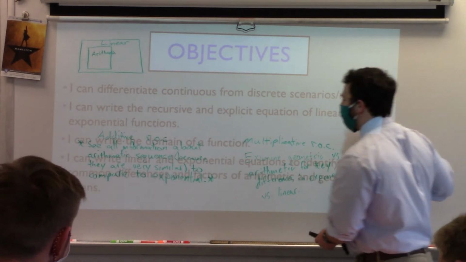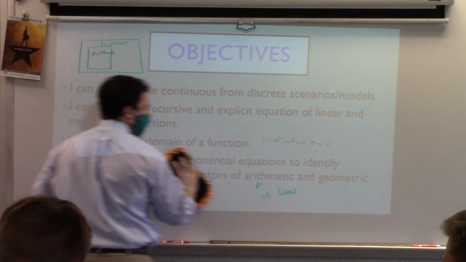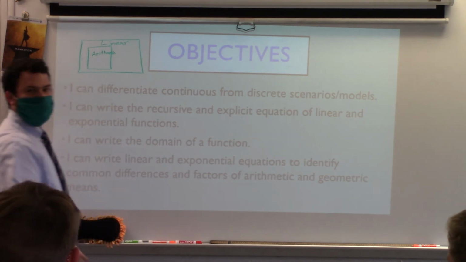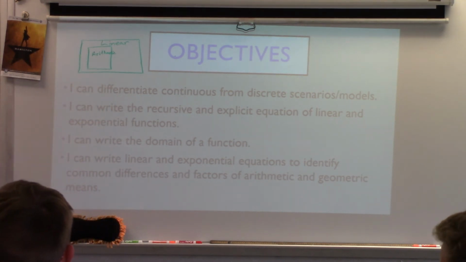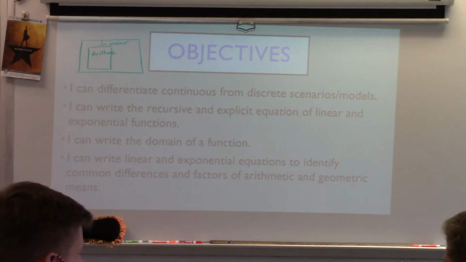Let's look at our objectives quickly. Who read objectives yesterday? I think Mona did, right? Yeah, I read all of them. You read two. Who else read yesterday? I did. Donovan, you did?